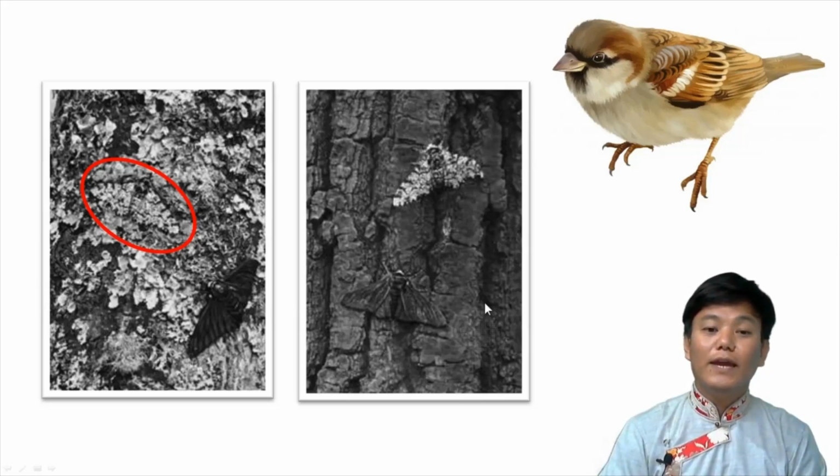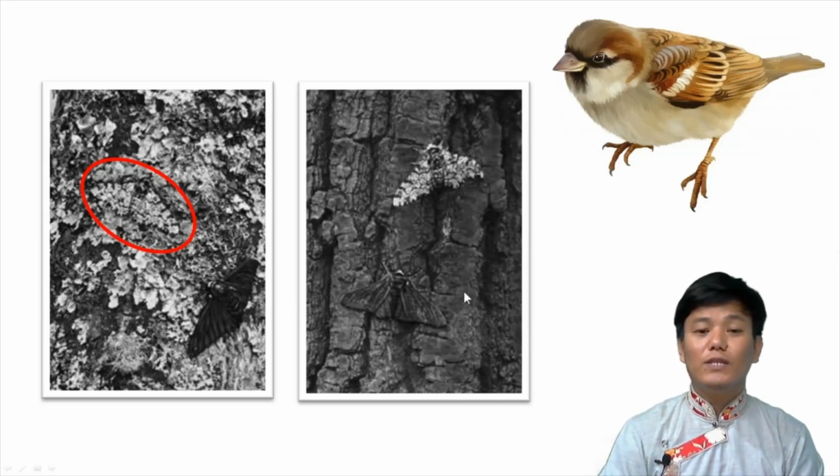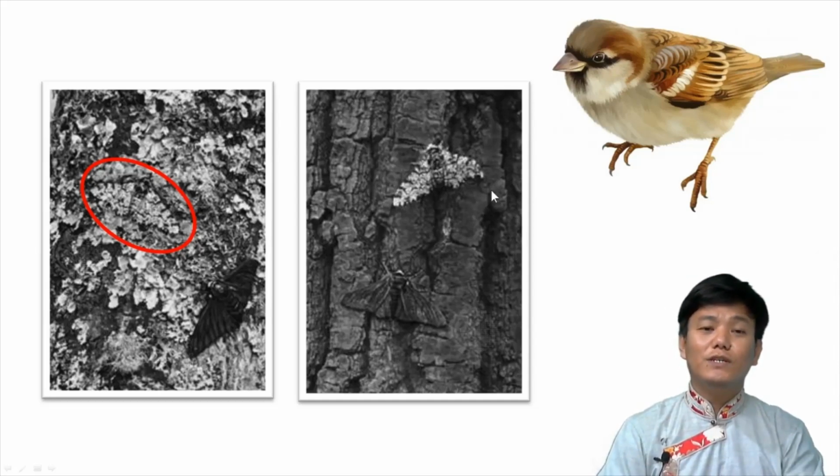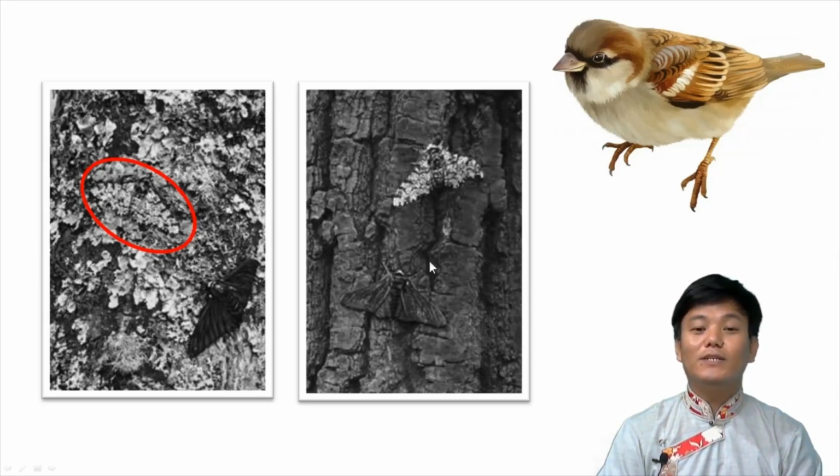This changed the situation in such a way that the lighter typical form of the moth was now more conspicuous to the eyes of the birds or the predators compared to the darker melanic form, and thereby they were easily picked off by the birds. Therefore the white or lighter typical form of the moth population gradually reduced, and the darker melanic form started to increase in number, right?